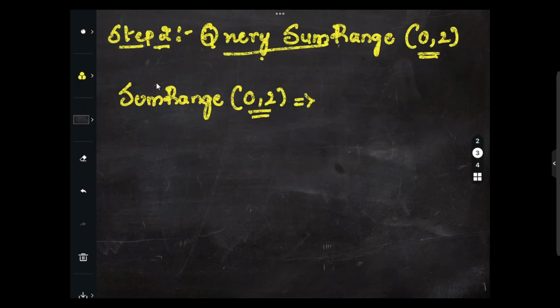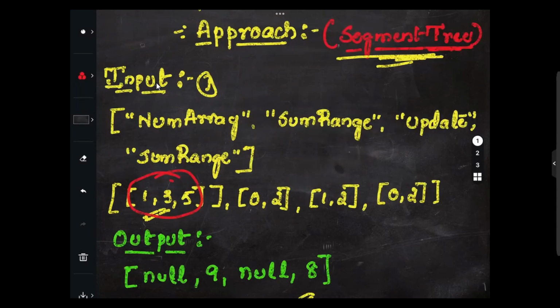So here query sum range of 0 comma 2. Here you can clearly see we have to find sum range of 0 comma 2. We already have discussed this one. 0 to 2 means this is 0th index, this is first index, and this is second index.